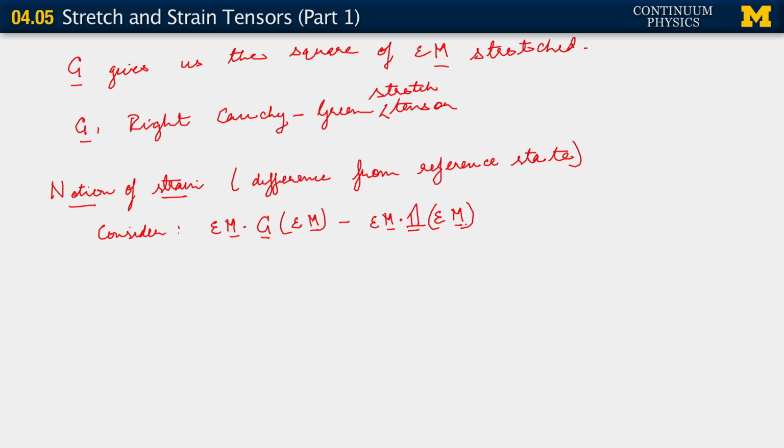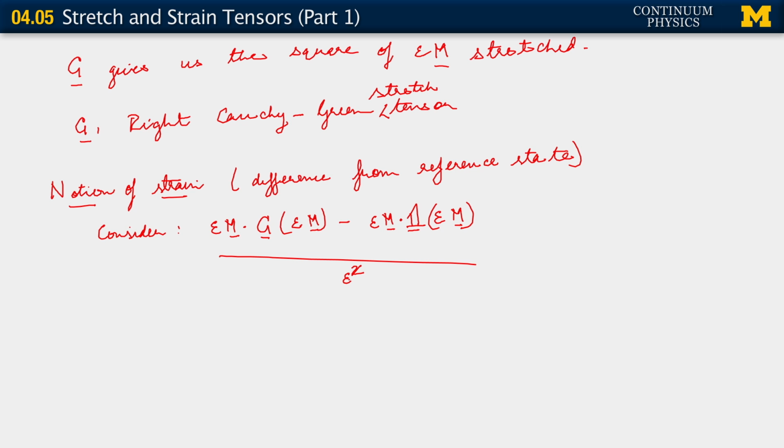Okay? As one last thing, what we may choose to do here is to actually just divide this thing through by the original magnitude square. Thereby we get rid of the effect of the original size of epsilon m. Right? So now we're really effectively looking at the idea of strain untainted by the size of the original vector. Okay?